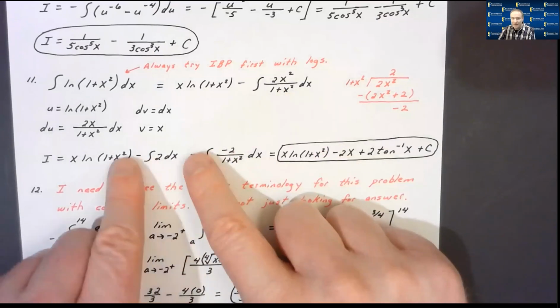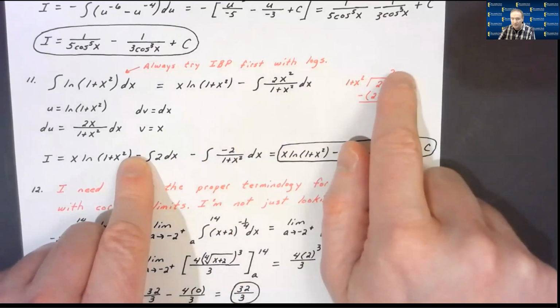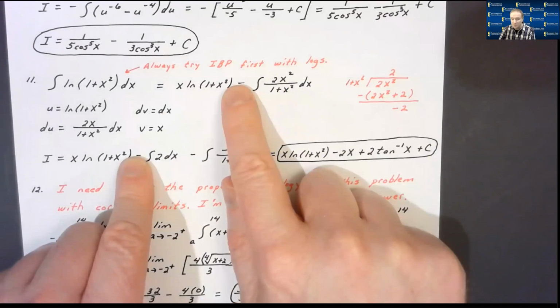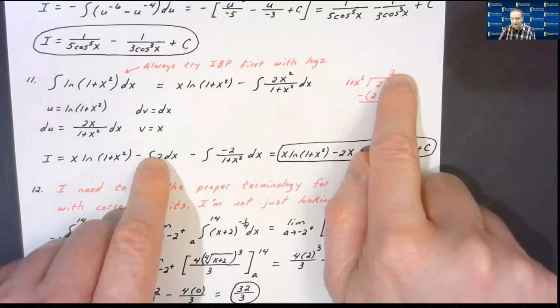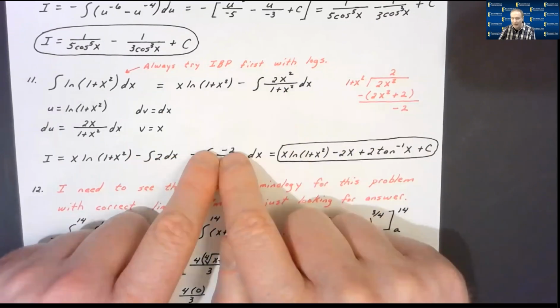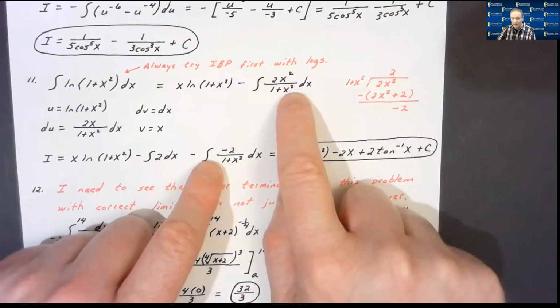So the minus sign's out in front only because this was minus. Every part of the answer here is going to be inside of an integral that is subtracted. So I have minus the integral 2, that divided evenly, with respect to x, and then minus the remainder, negative 2, divided by what was originally 1 plus x squared.